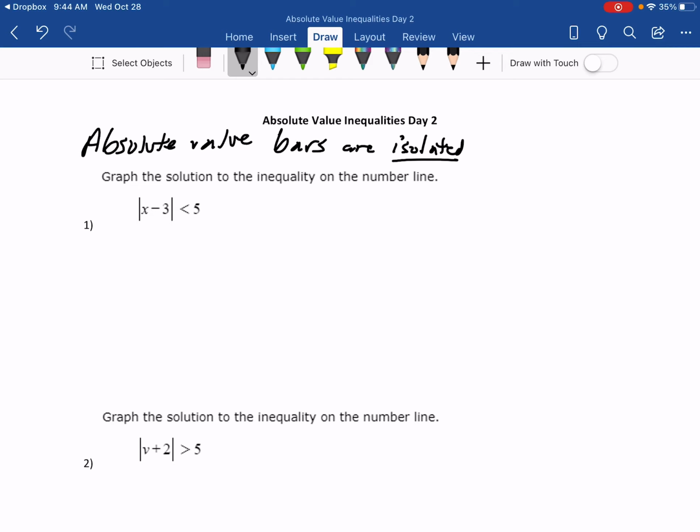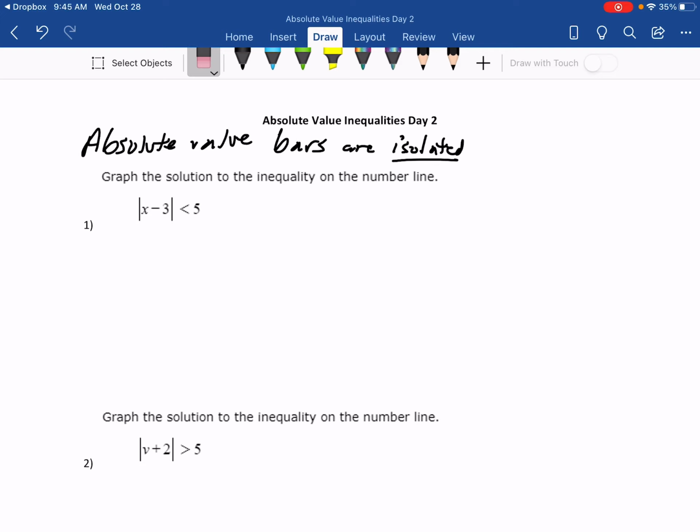Meaning we don't have anything in front or outside of the bars, right? In number one, the absolute value bars are isolated because that x minus 3 is inside of the bars, okay? On the left side of the inequality, we don't have anything but an absolute value bar.